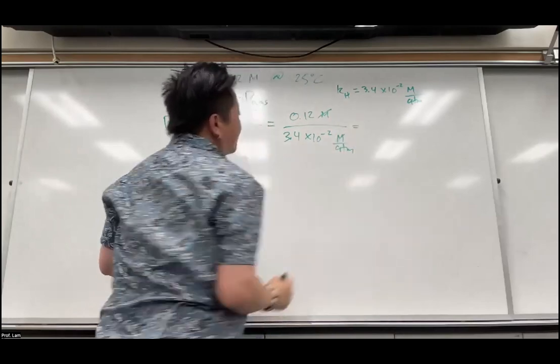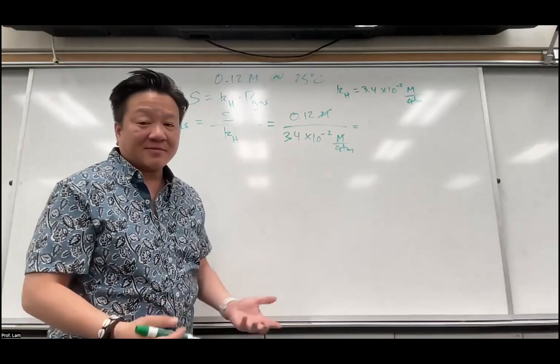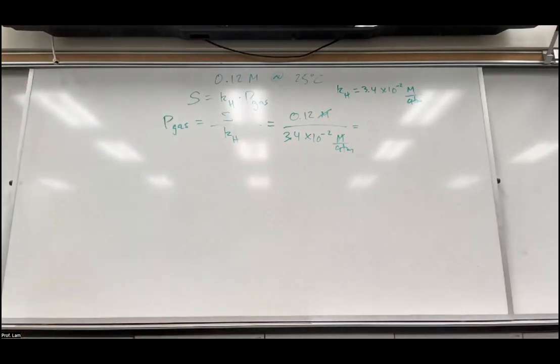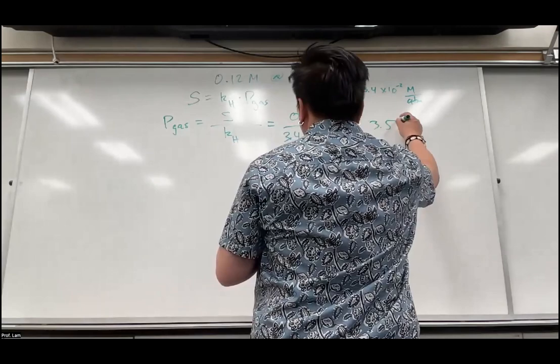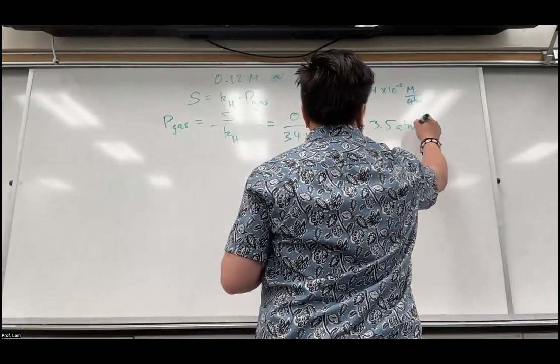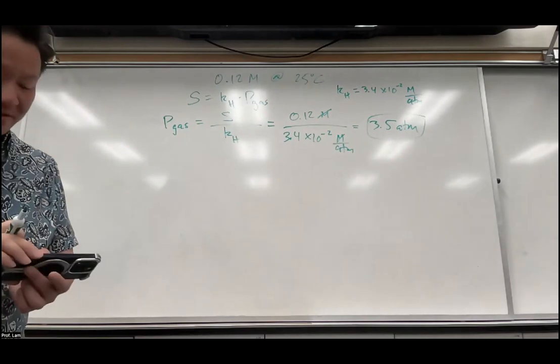So molar cancel. 1 over 1 ATM is the same thing as ATM. So let's plug that into our calculator. 3.5 ATM. Two sig figs, right? Because of this number.